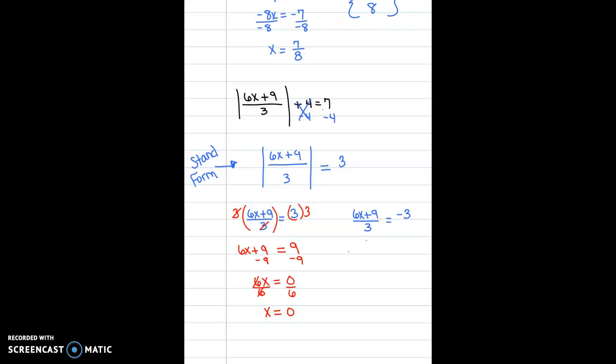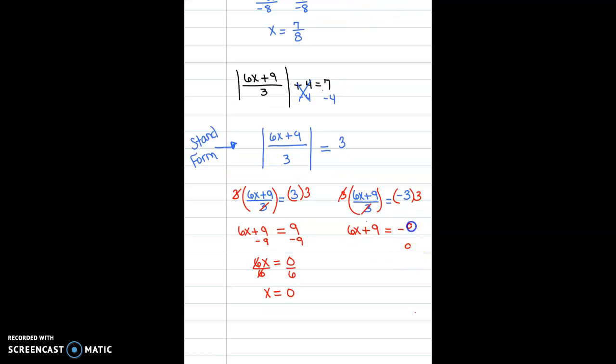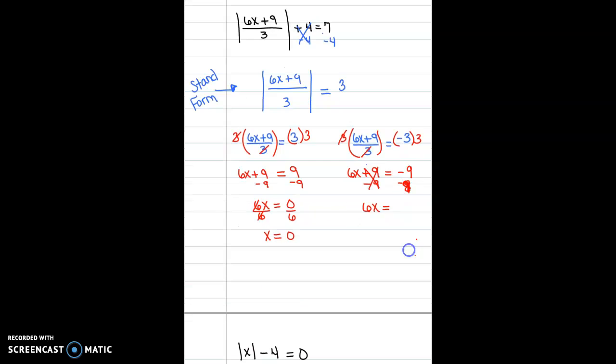Same process for the second equation. Multiply both sides by 3, so those cancel. And I'm left with 6x plus 9 equals negative 9. I subtract 9 in order to solve. The 9's cancel, and I have 6x equals, that's a 9, sorry for that little loop.